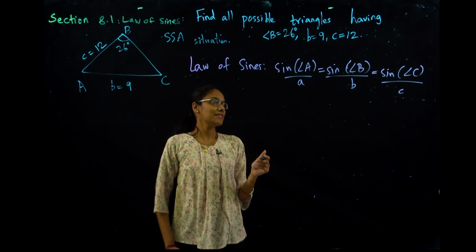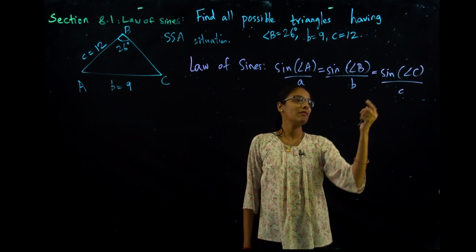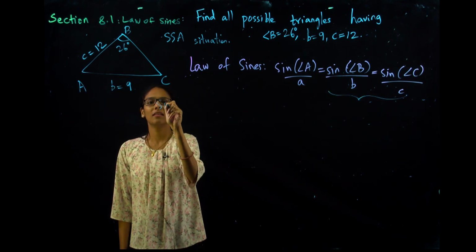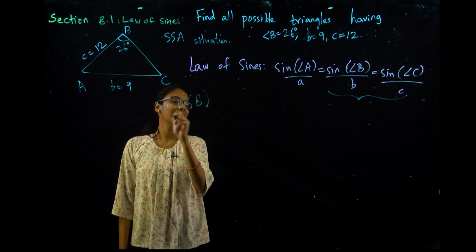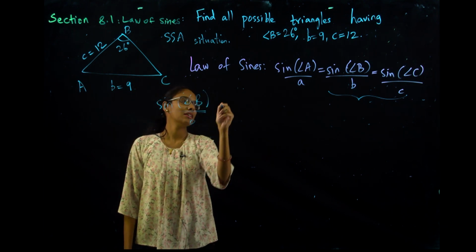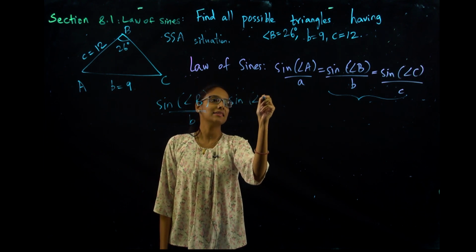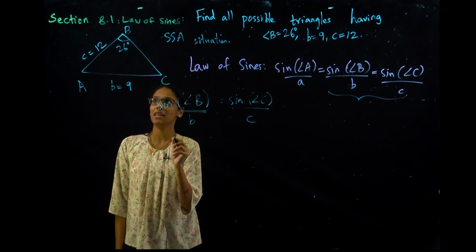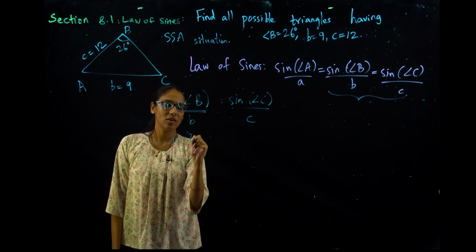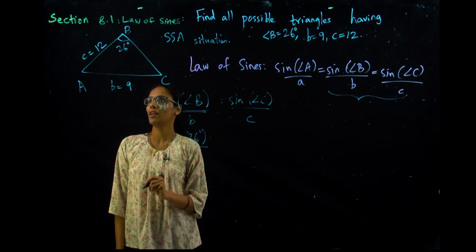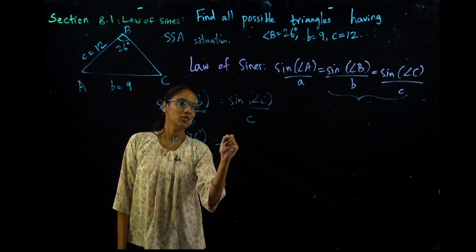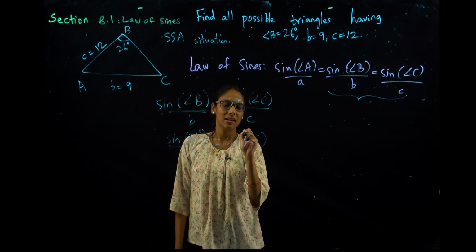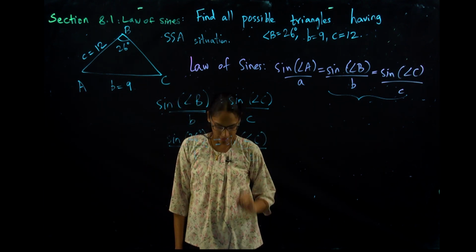So first, since we are given little c, we want to start by using this piece. So sine angle B by little b equals sine angle C by little c. And this ends up being sine of 26 degrees by 9 equals sine of angle C by 12.